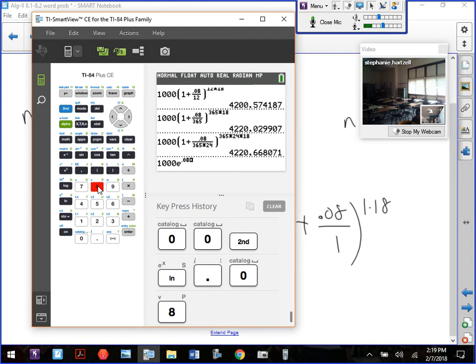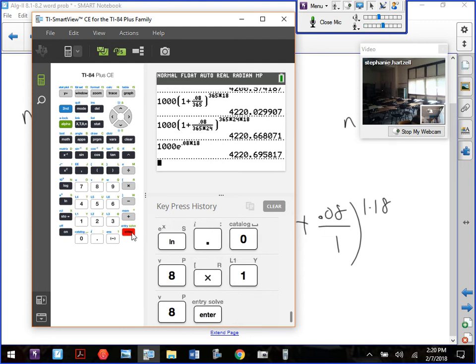And how many years were we doing it for? As something compounds continuously, that's where e comes into play, you're not going to get any different. E is the button you hit second ln, the button kind of next to 4. I just wanted to show you that's where this e function comes in.